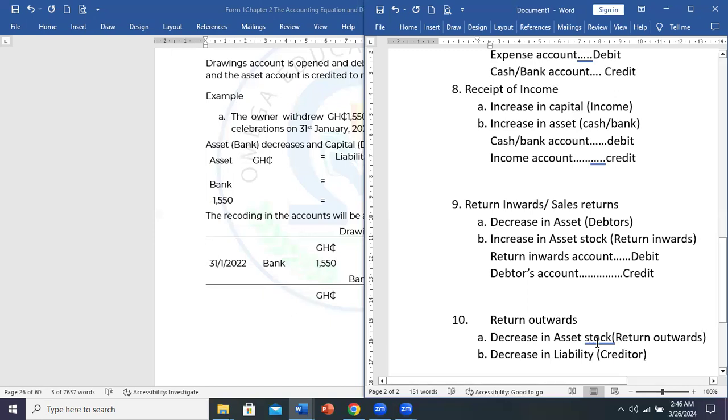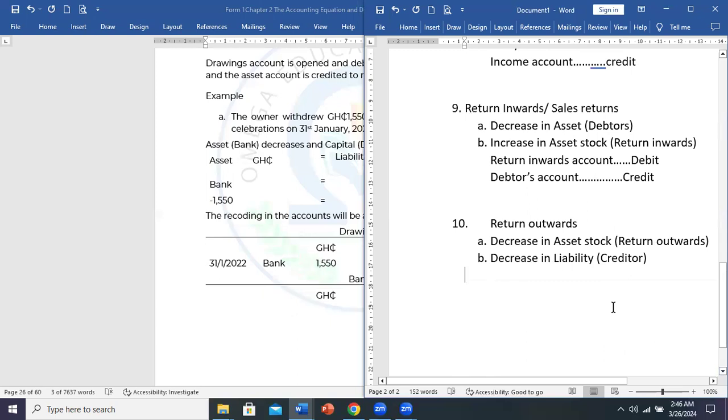So in terms of your debit and credit account, you would open return outwards account, and you credit that account. So you credit that account, and the corresponding debit will be in the creditors account.